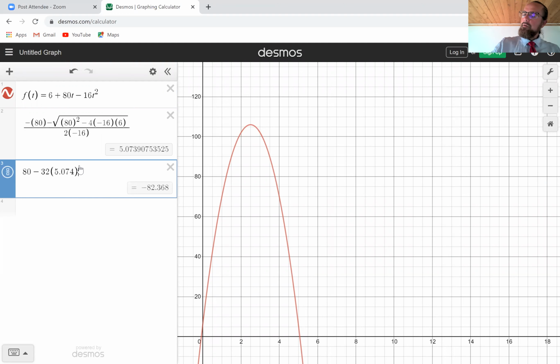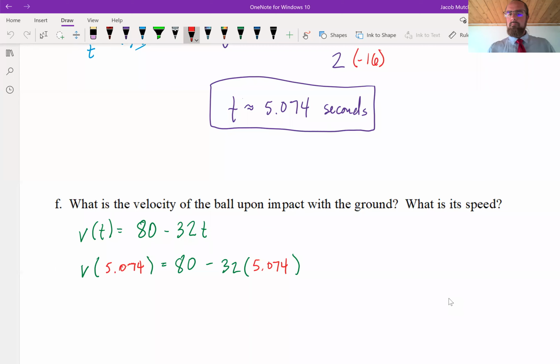And it looks like our velocity there is negative 82.368. And we'll record that here. So the velocity is about negative 82.368 feet per second.